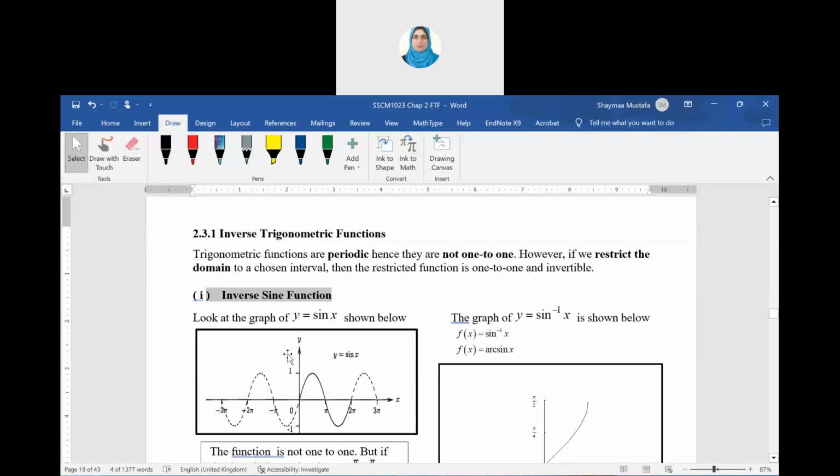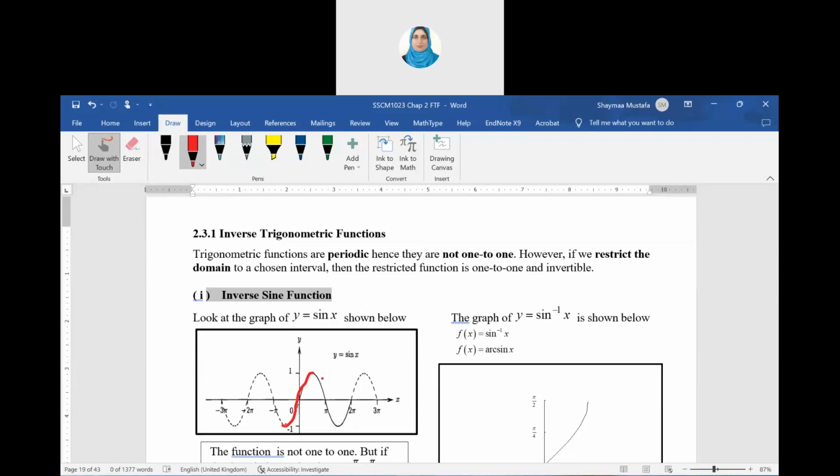The one-to-one part is only from minus pi over 2 to pi over 2. This is the only part that is one-to-one, from this point to this point.